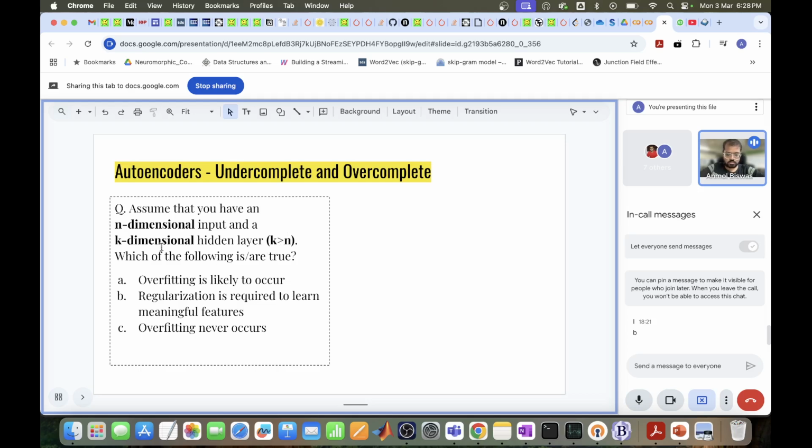And the question is, which of the following is true? Is it that overfitting is likely to occur and regularization is required, or is it that overfitting will not occur, right? So once again, I will give a couple of minutes and then we'll talk about overfitting in autoencoders.